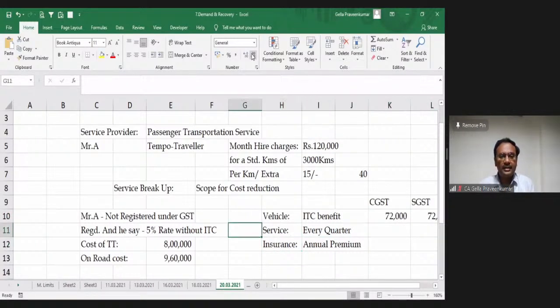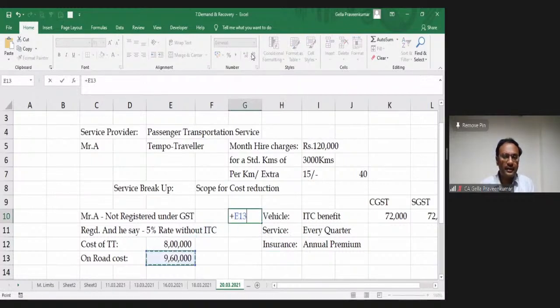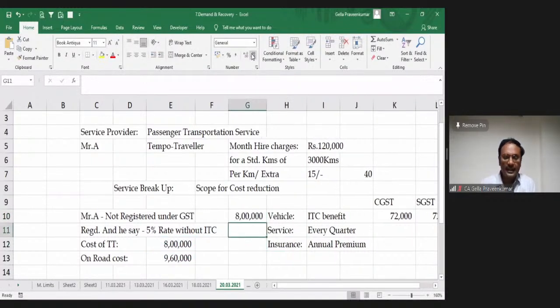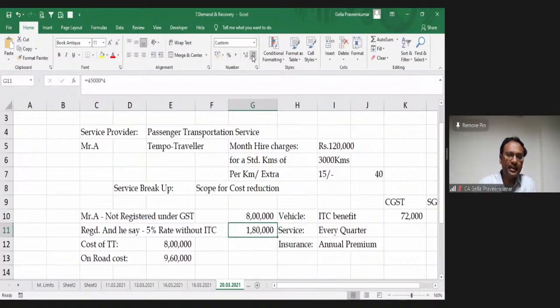Assuming the cost of service is on an average 40,000 per quarter, or say 50, because it's a yellow board, let's take 45,000 per quarter. 45,000 into 4 quarters is the cost of maintenance on an annual basis.